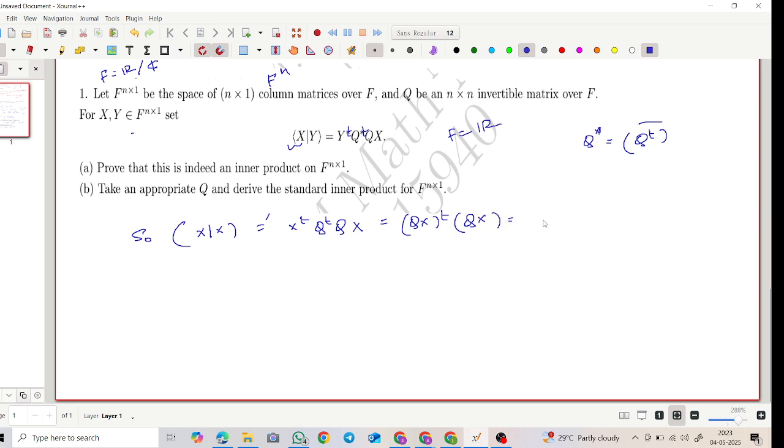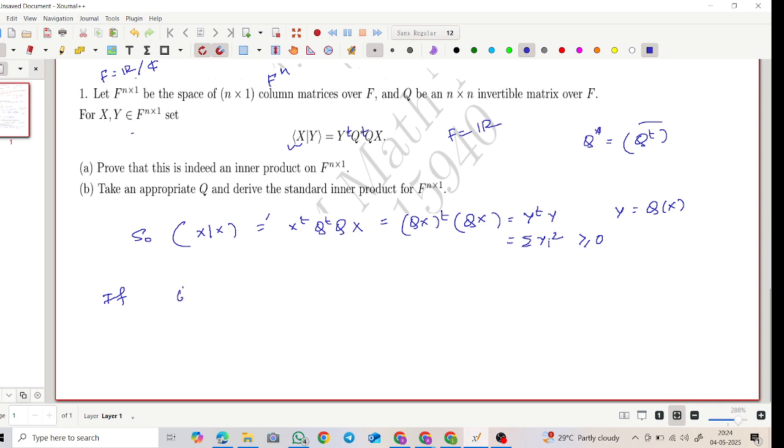So this is nothing but Y transpose Y, where Y equals QX. And we all know that Y transpose Y is the summation of yi squared, so it is always greater than or equal to 0. But then we will have to show that if it is 0, then X has to be 0. So the first condition is satisfied, that it is indeed greater than or equal to 0.